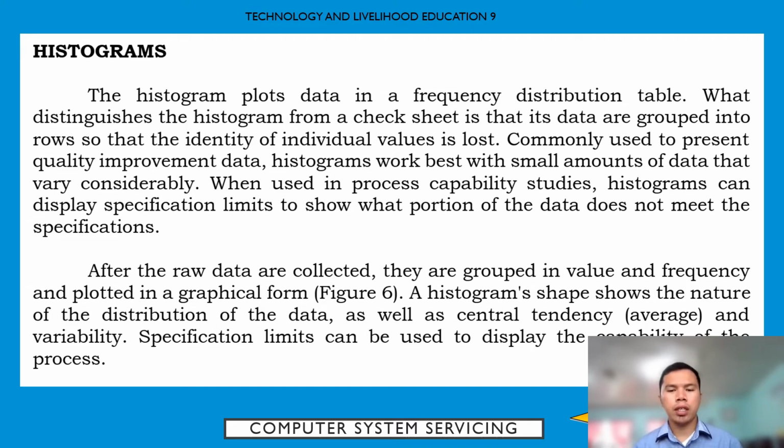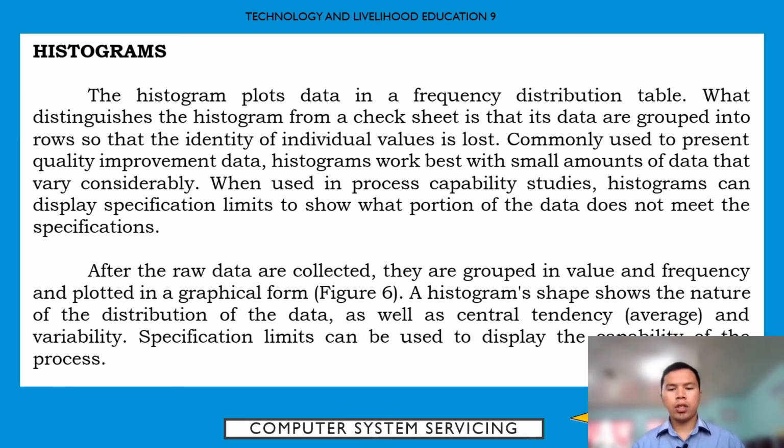When used in process capability studies, a histogram can display specification limits to show what portion of data does not meet the specifications. After the raw data are collected, they are grouped in value and frequency and plotted in graphical form, which you will see in the next slide.